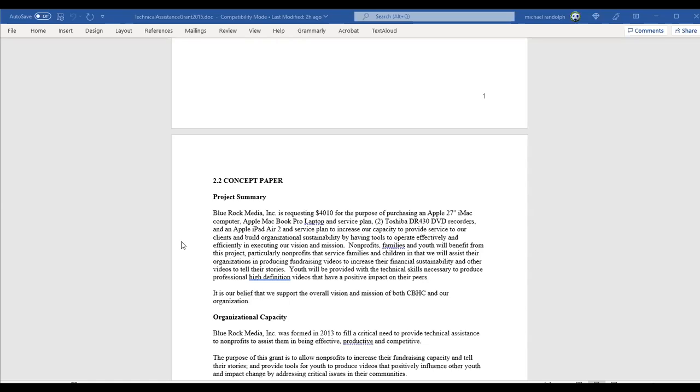Blue Rock Media Incorporated is requesting $4,010 for the purpose of purchasing an Apple 27-inch iMac computer, Apple MacBook Pro laptop, and service plan, 2 Toshiba DR430 DVD recorders, and an Apple iPad Air 2 and service plan to increase our capacity to provide service to our clients and build organizational sustainability by having tools to operate effectively and efficiently in executing our vision and mission.